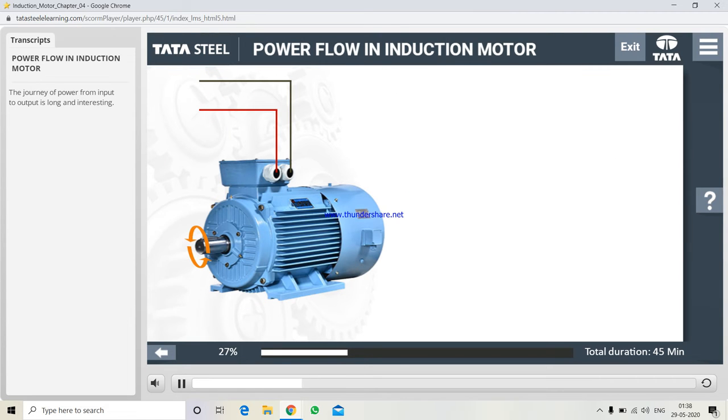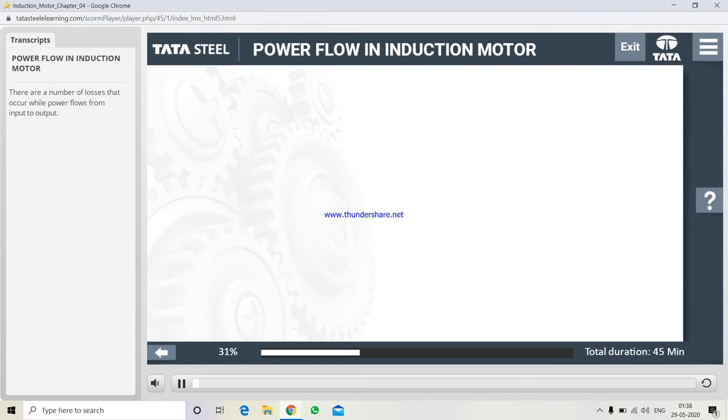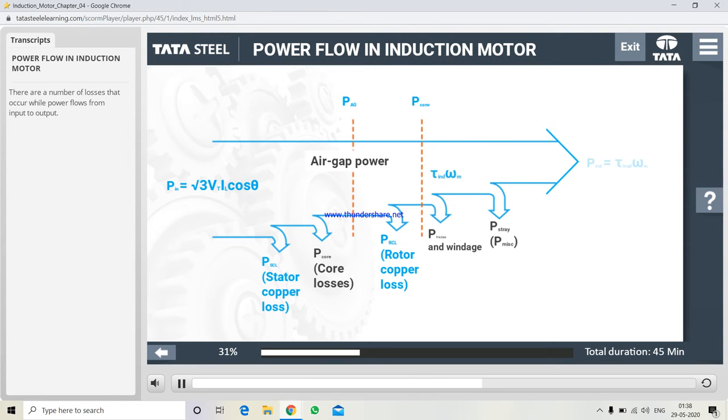The journey of power from input to output is long and interesting. Click Power Flow to know more. There are a number of losses that occur while power flows from input to output.